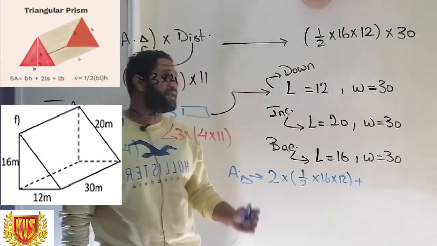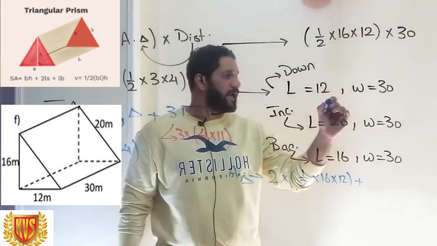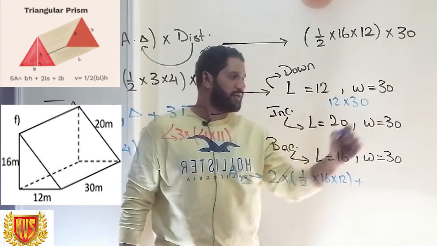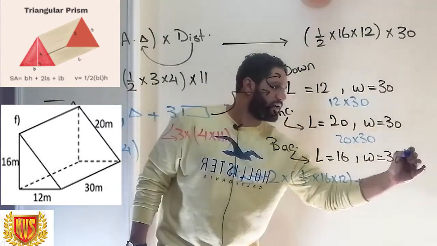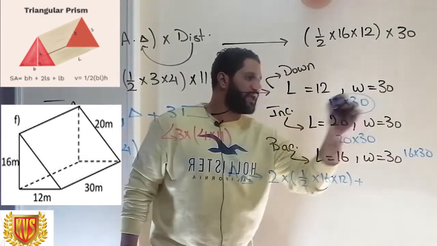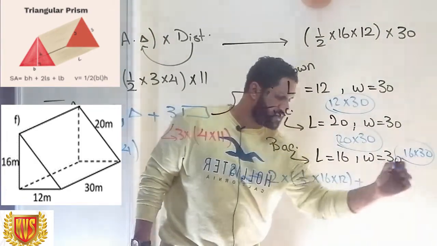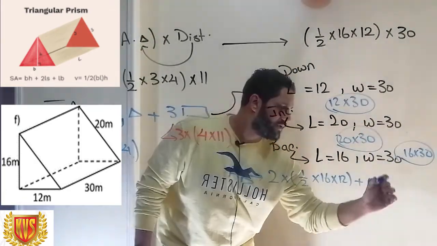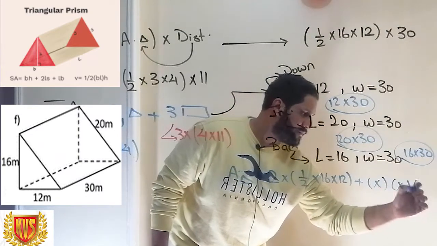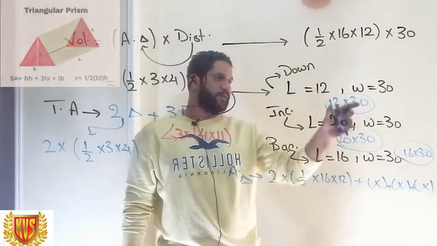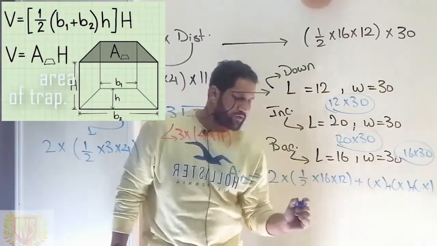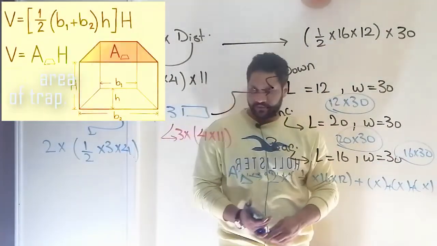Then I'm going to add to it the areas of the rectangles, which are 12 times 30, 20 times 30, and 16 times 30. I'm going to take the three numbers and add them all. And after adding these three numbers, I'm going to get the area of this prism.